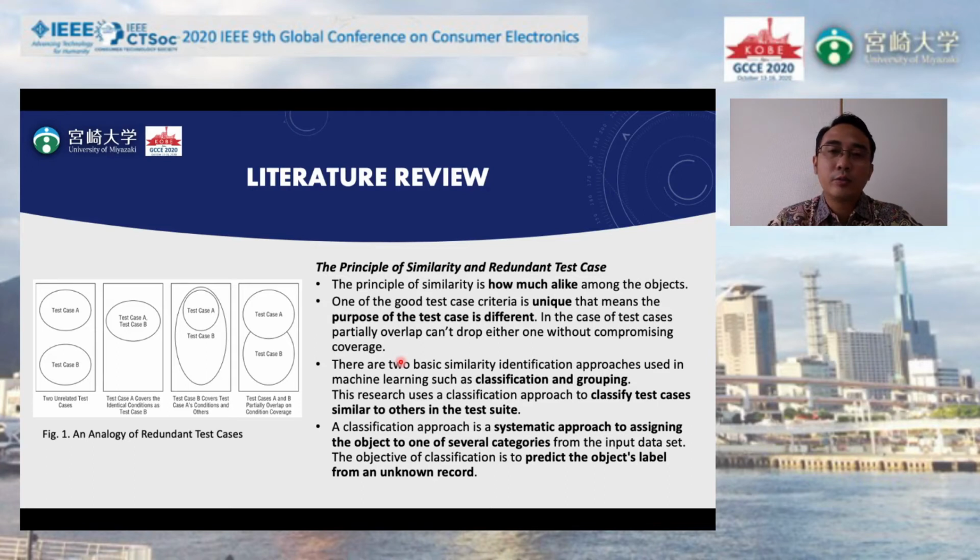There are two basic similarity identification approaches used in machine learning, classification and grouping. This research uses a classification approach to classify test cases similar to others in the test suite. A classification approach is a systematic approach to assigning an object to one of several categories, and classification predicts the object label from unknown records.